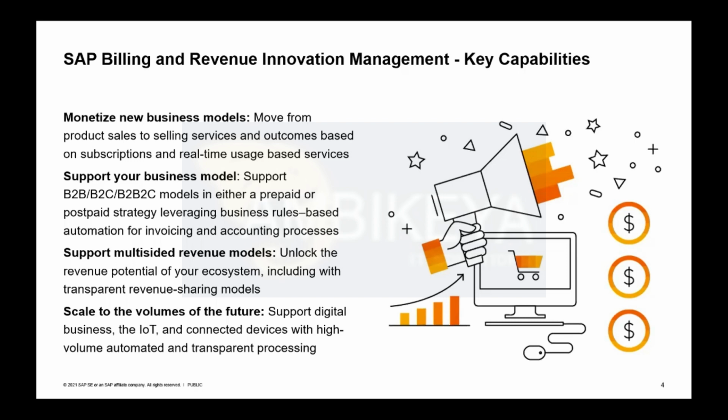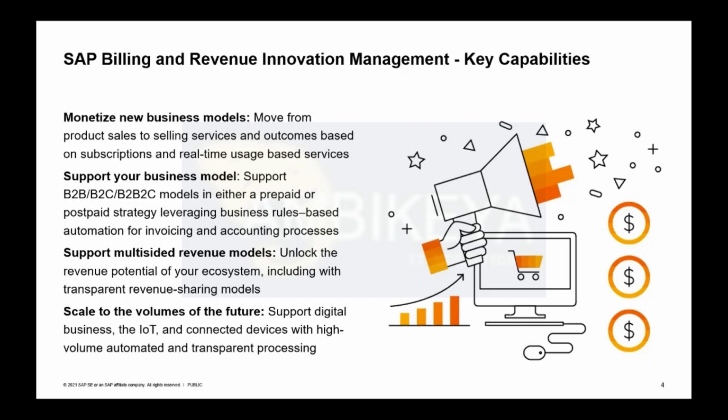As I mentioned, we support multi-sided revenue models where we are able to include partner agreements and partner price models into our price models. So we are very transparent there. And you will see at the end of my presentation, we are also very scalable to high volume.